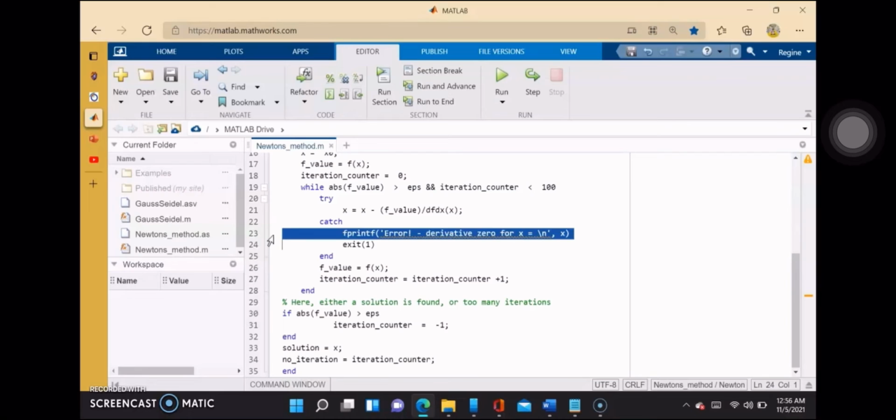In the code, before we print out the solution and the number of function calls: the main cost of a method for solving f of x equals 0 is usually the evaluation of f of x and f prime of x.